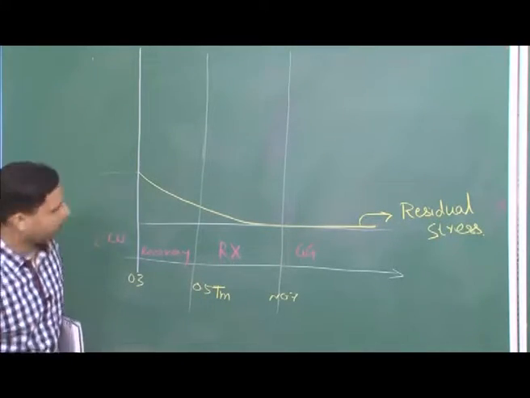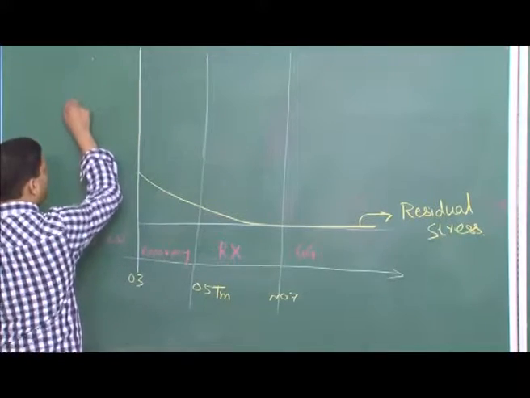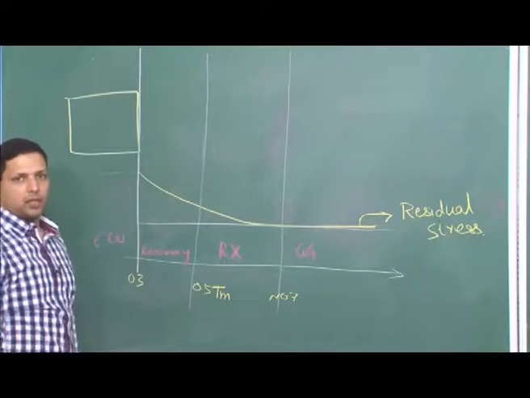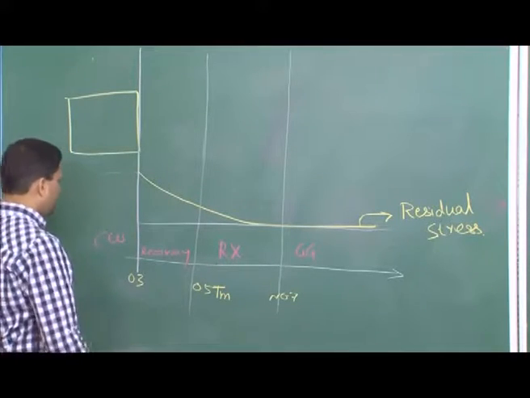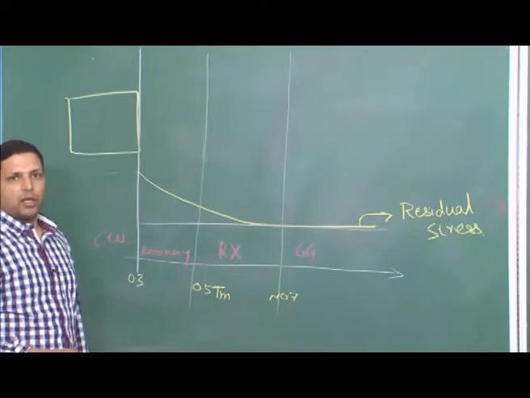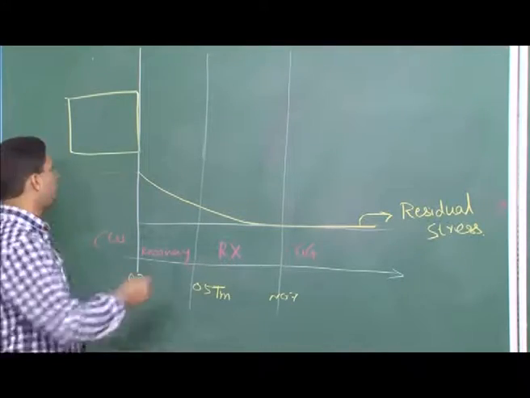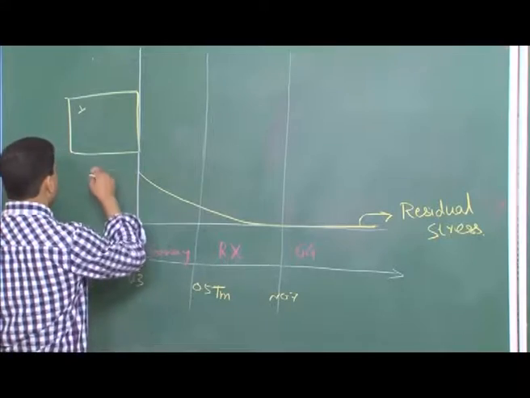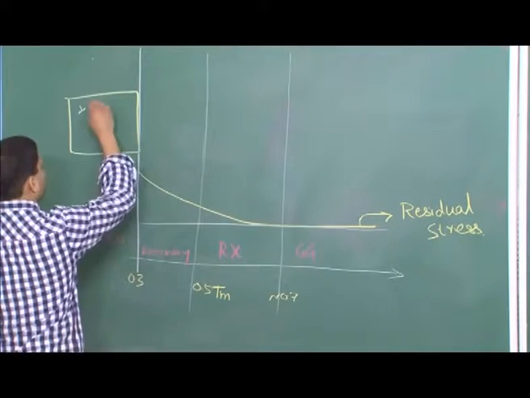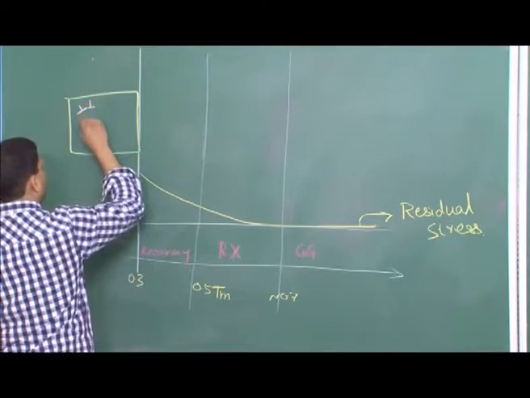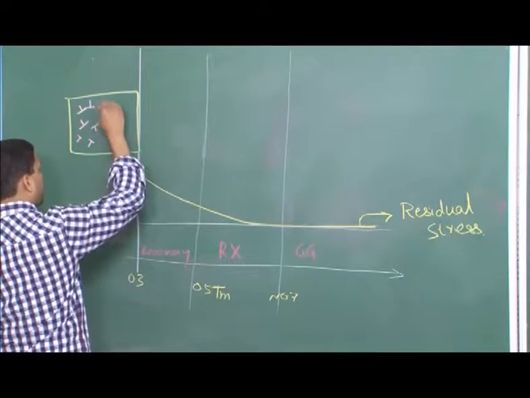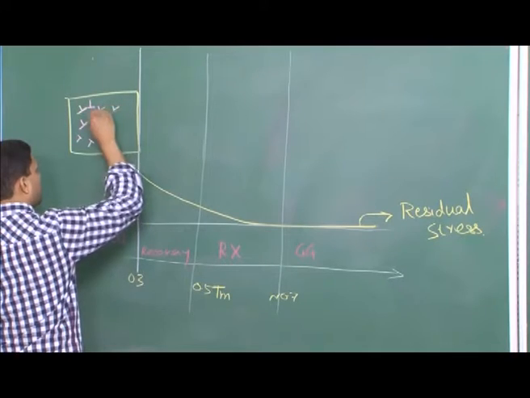So, let me now draw a rough sketch of what is happening at the microstructure level. In a cold worked region, a lot of dislocations are generated. I am representing these with this symbol, this is the way to represent dislocations.